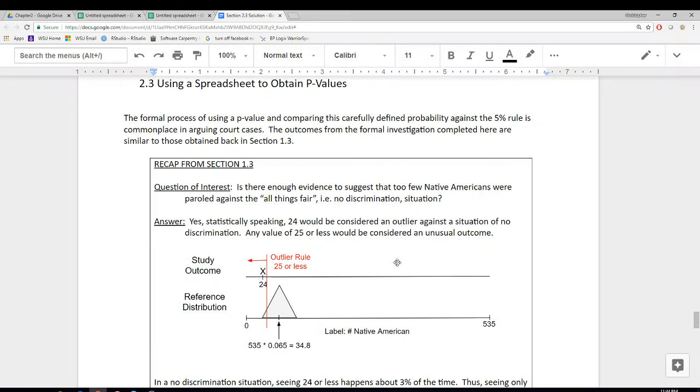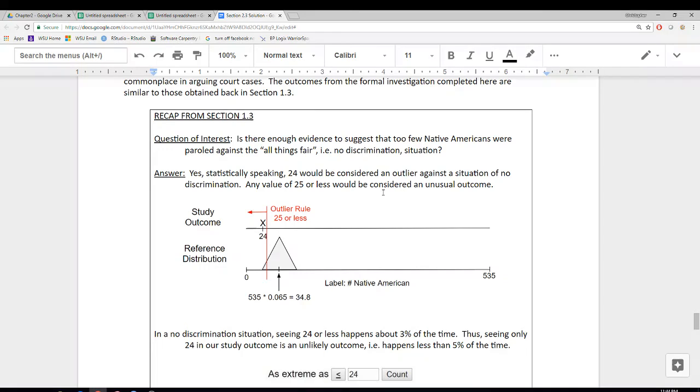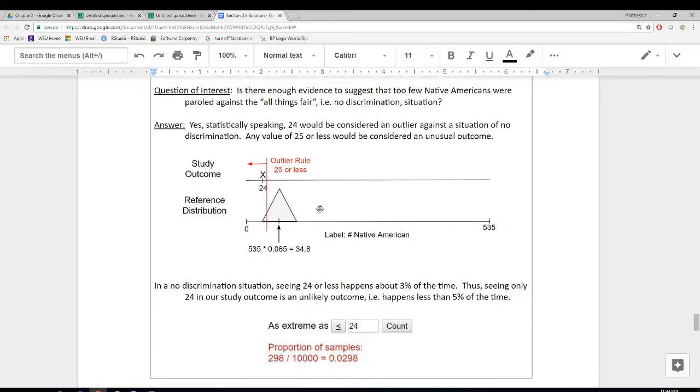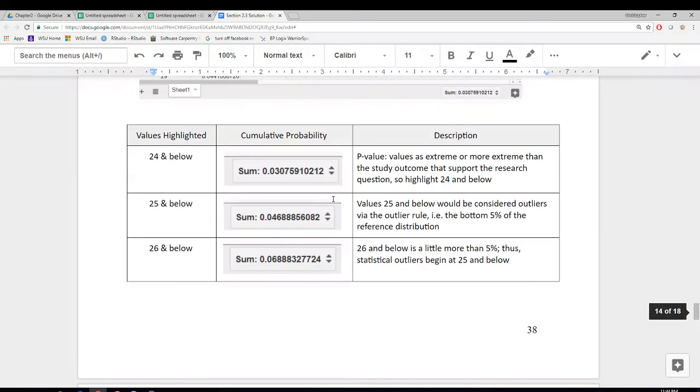The outcomes from this formal investigation that we just completed are similar to those that we obtained back in Section 1.3. If you remember, back in Section 1.3 we defined the outlier rule. We determined that the outlier rule was any value that was 25 or less. Actually, when I use my binomial probability model, the 25 remains the cutoff.